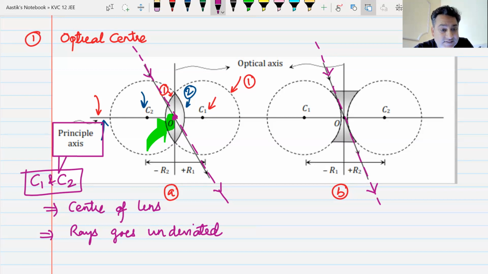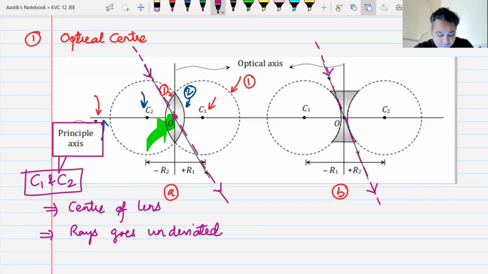If you can understand these definitions, nothing comes near to it, because that is all in this chapter: understanding the definitions and the small formulas that they have. Optical center and principal axis. Are we done? Can we move ahead in life?